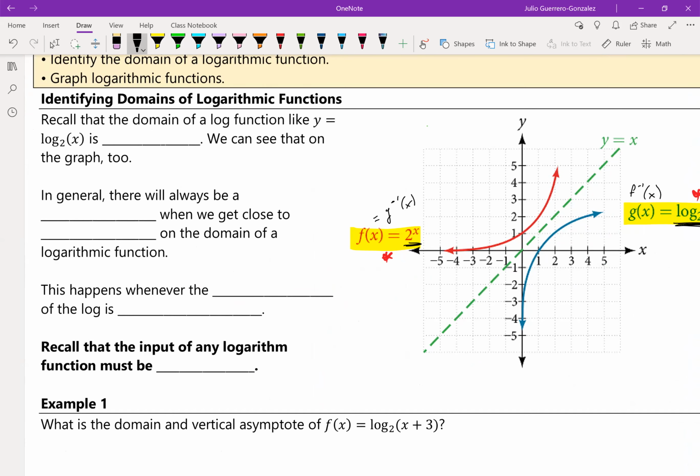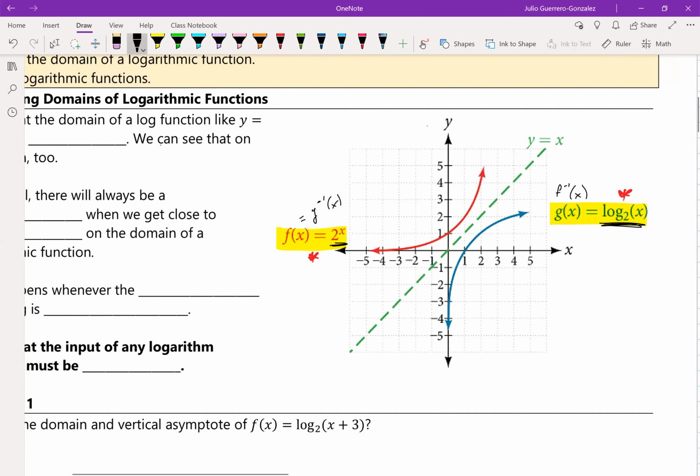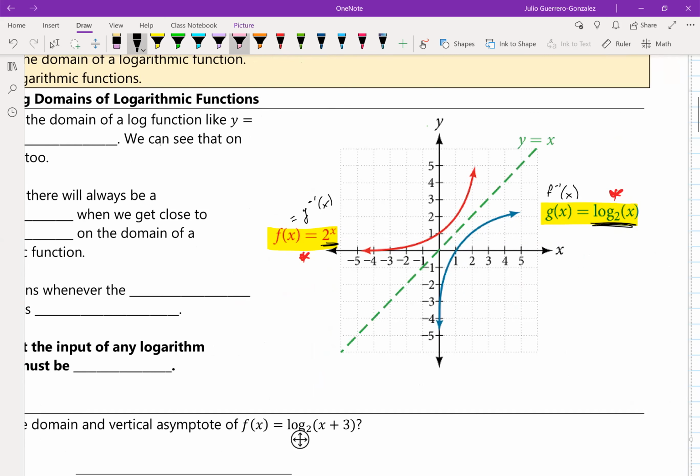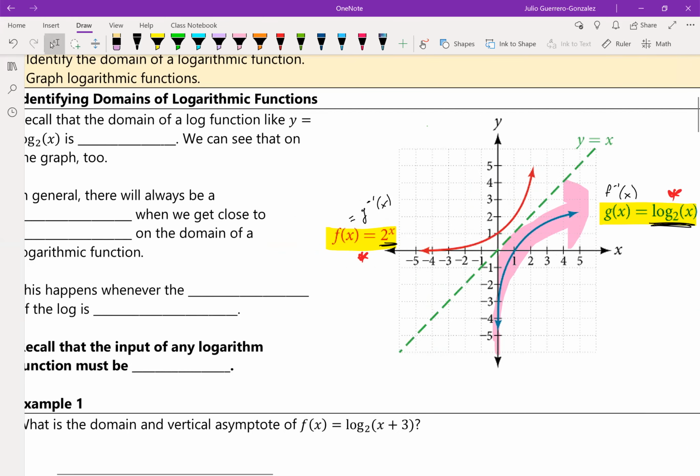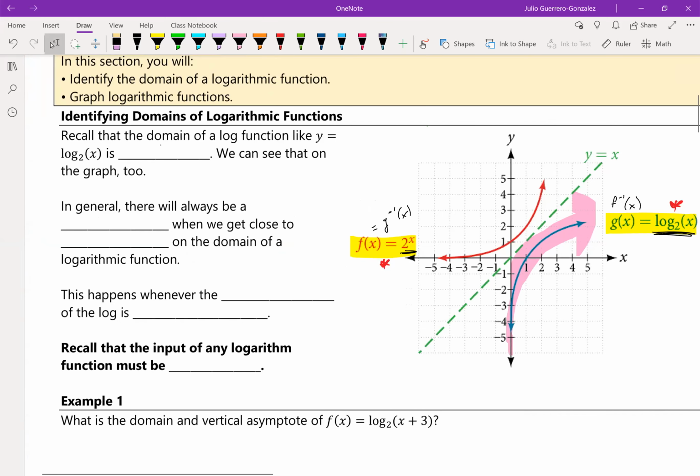So how about this? What is the domain for log of x? What does that domain look like? 0 to infinity? Right. Notice it starts here and then it just keeps going that way.